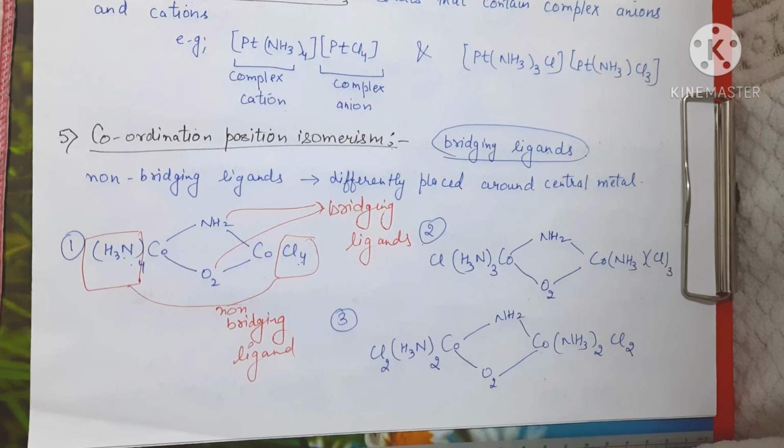You have to cover all the topics under coordination chemistry, because now the questions are leveling up. So you need to have a thorough knowledge of the concepts, and that's why there are so many parts in the coordination chemistry playlist.